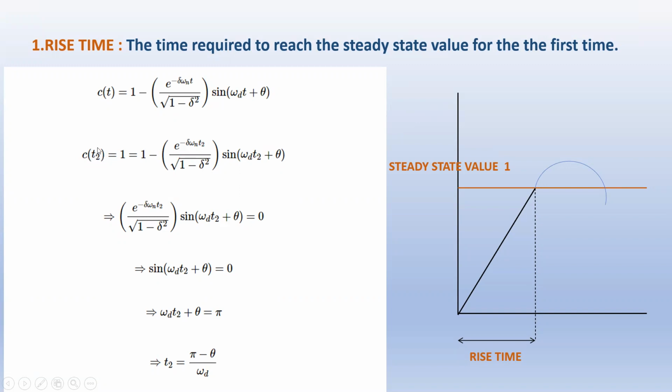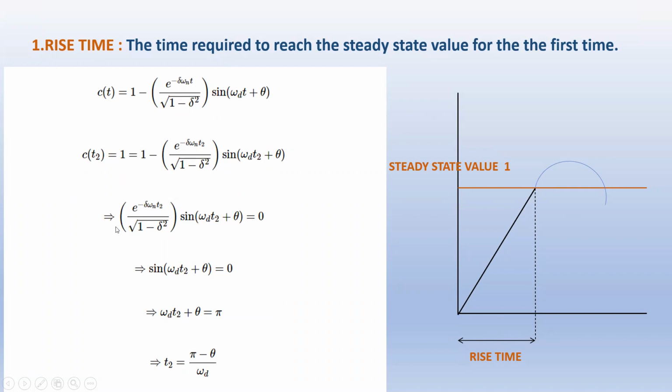If we place t equal to tr, the rise time, then we have the c of t value as 1. So if we equate that to 1, we have this expression over here. If we cancel the 1 on both sides, we are left with this expression being equal to 0.